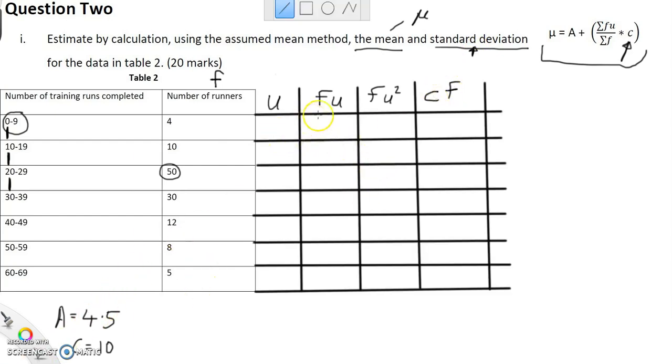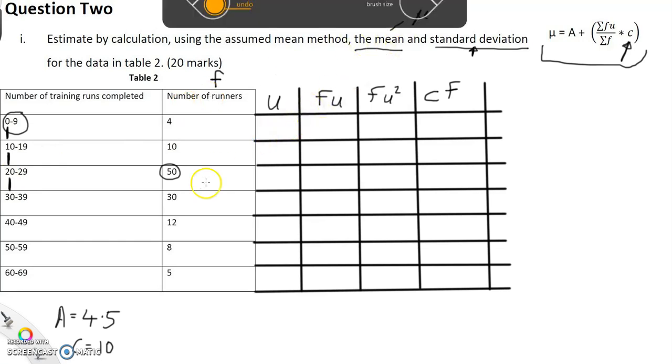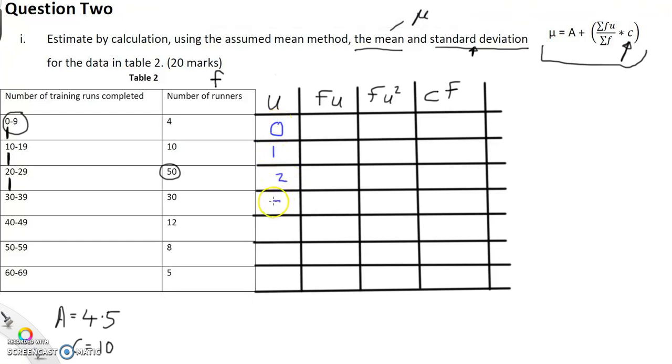I've just drawn in a few gridlines to tidy up these columns. The first column is the u column, and that's simply 0, 1, 2, 3, 4, 5, and 6.